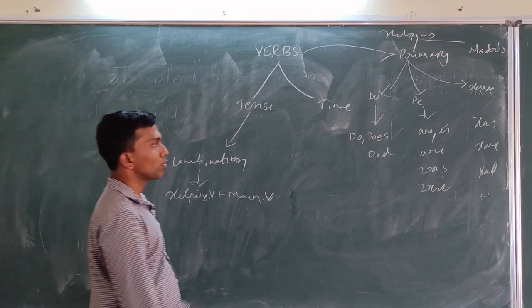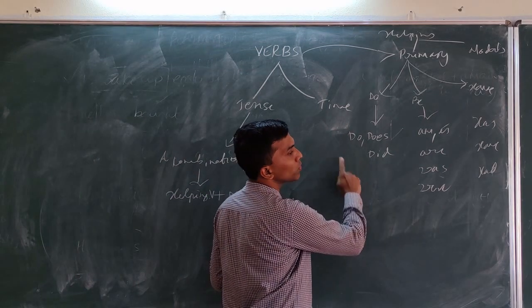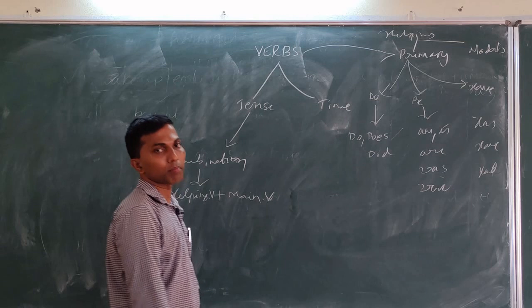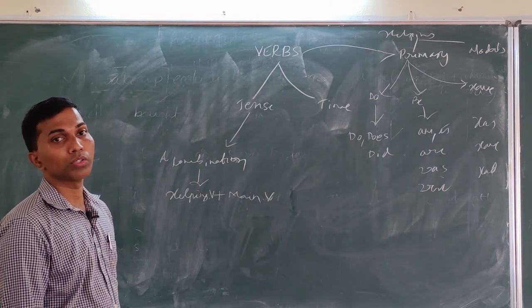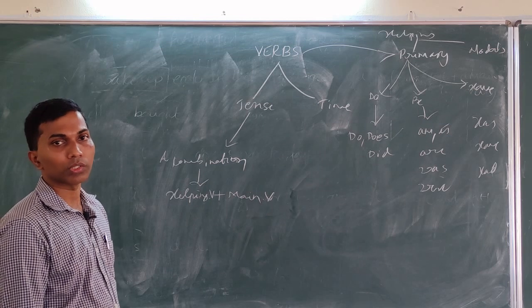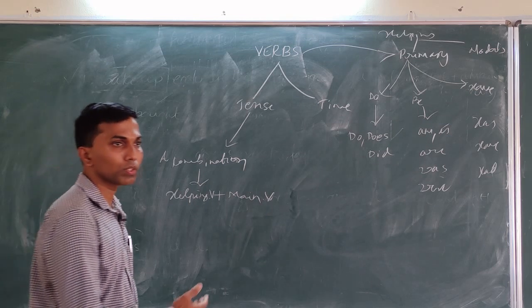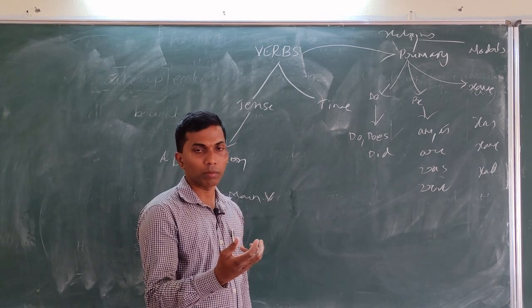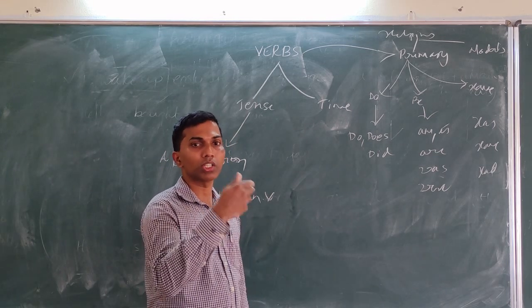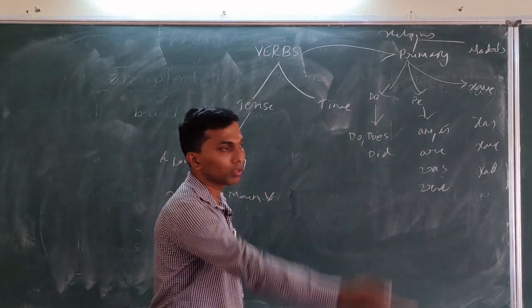You just have to look at the helping verb, and at once you will be able to understand a particular tense which it forms, which helps a main verb to be formed. That's why this concept is very important. A tense is a combination of a particular helping verb and a particular form of a main verb.